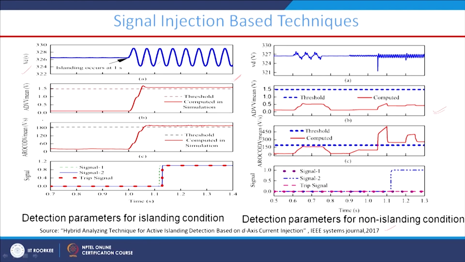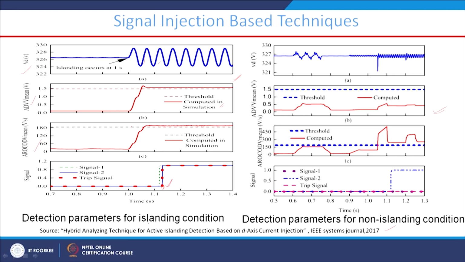The corresponding first feature, AdVV mean, has a threshold shown by the dotted line, and you can see very clearly that the computed value of AdVV mean is crossing the threshold value. Similarly, for the second feature the value is crossing the threshold, and that is why the trip signal, the red dotted line, is present here. The trip signal is now generated at this point.